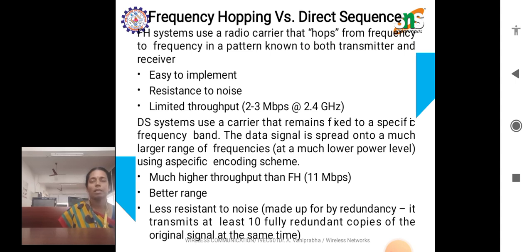802.11a. This is an IEEE standard which uses the OFDM technique, that is, orthogonal frequency division multiplexing technique.